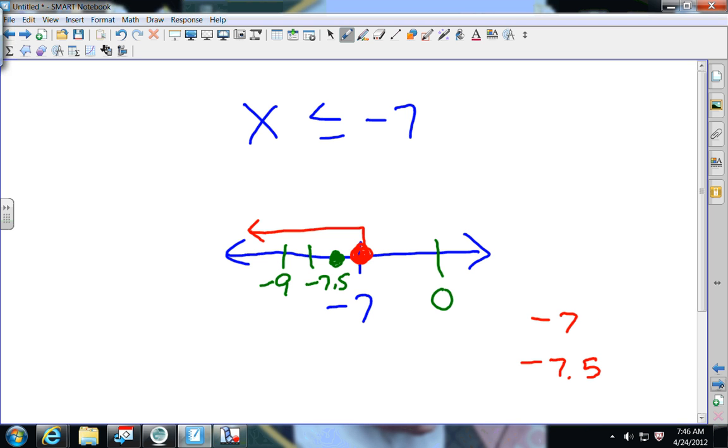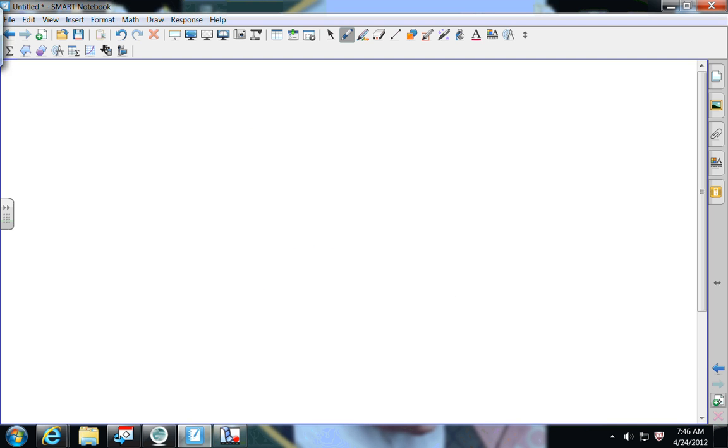Now what about when we have things like x plus 2 is greater than negative 12? What do I have to do to solve this? I don't move the x, I move the 2. How do I move the 2 over there?